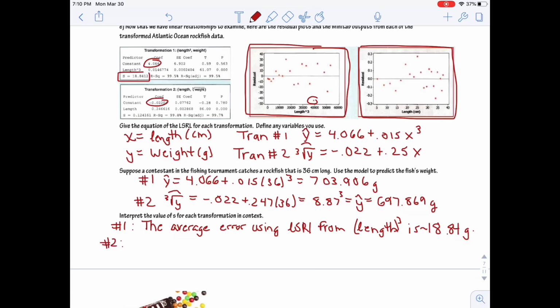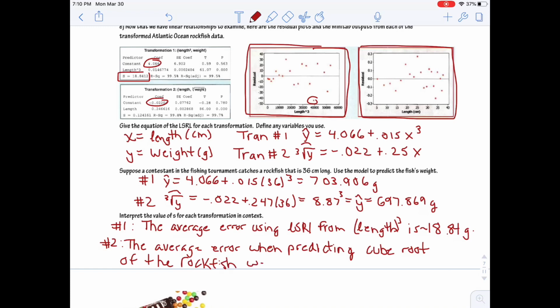So for number 2, a more formal way of writing this, the average error when predicting rockfish, actually in this case, the cube root of the rockfish's weight from length is about 0.124 grams to the 1/3.